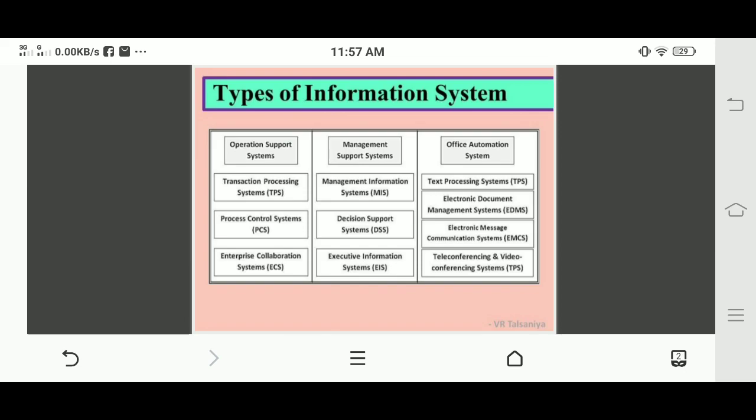It is commonly considered a specialized form of decision support system. So executives are the major people who will be taking decisions over the whole information which is handled in the organization, both internal and external. They get easy access to information, so they are termed the executive information system.